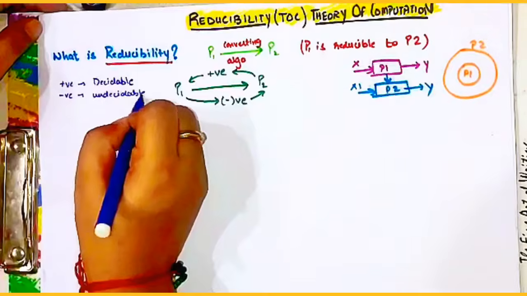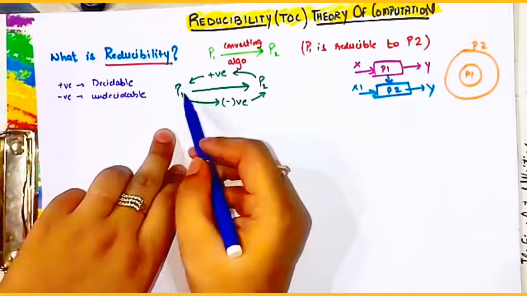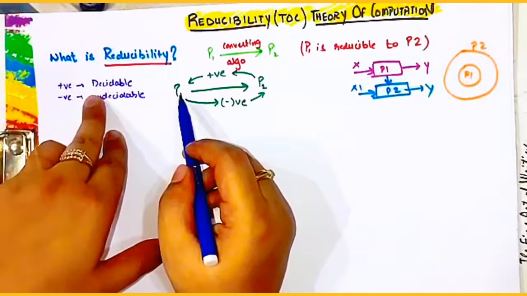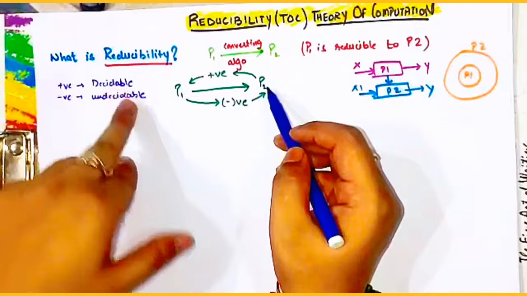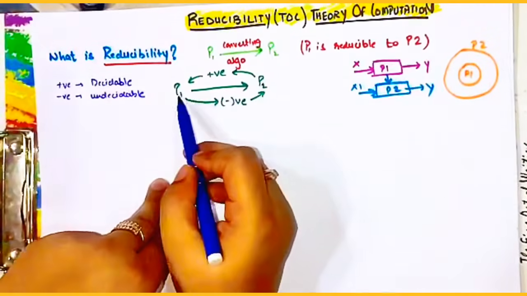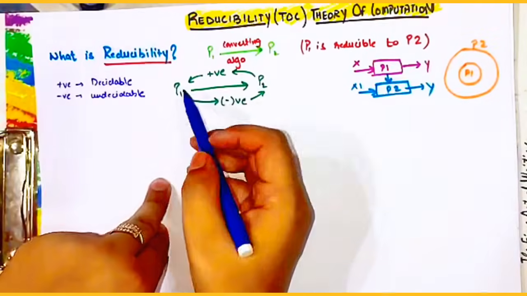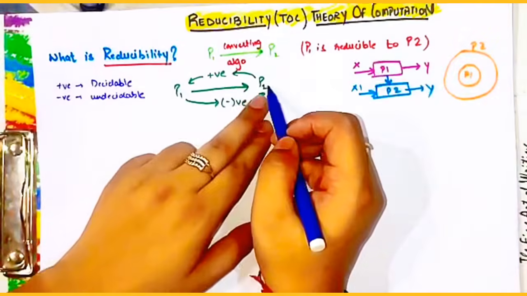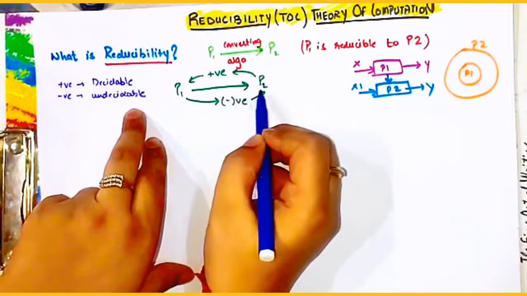Now simply, if P1 is decidable, then you cannot say anything about P2, whether it will be decidable or undecidable. It can be anything. But if P1 is undecidable, then you can say with surety that P2 will also be undecidable, because P1 will always give negative thing towards P2.